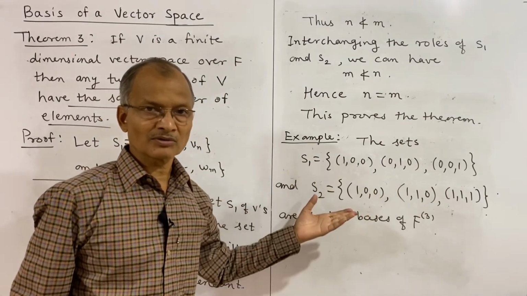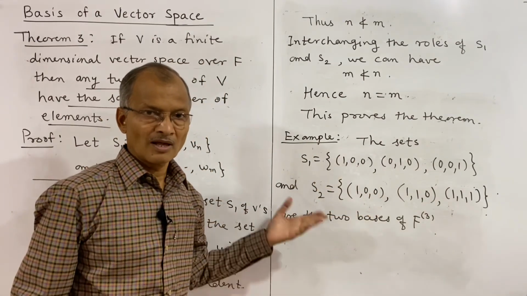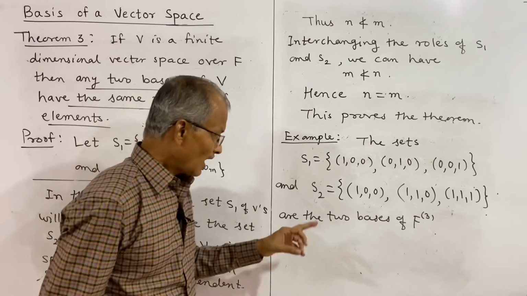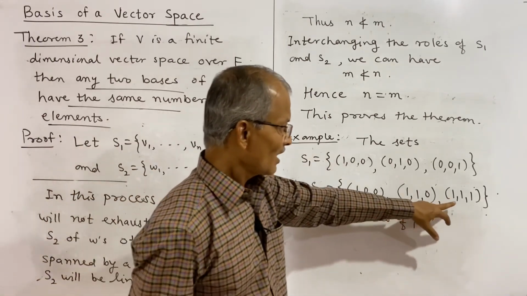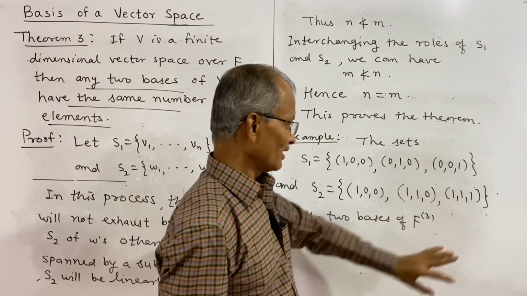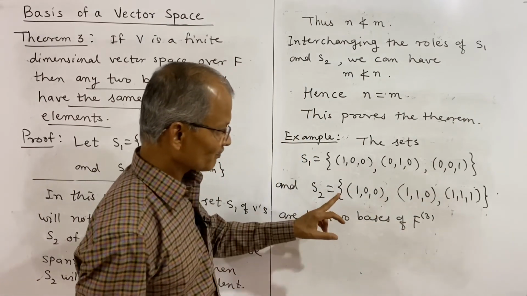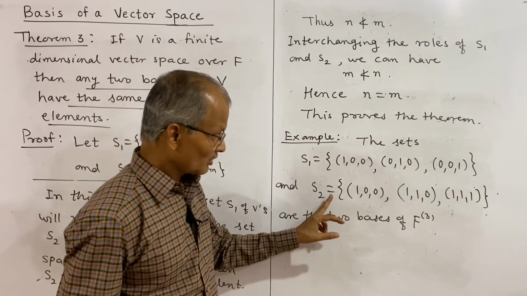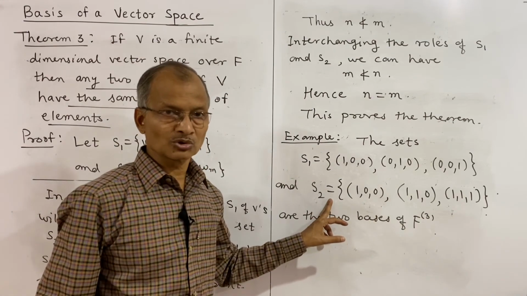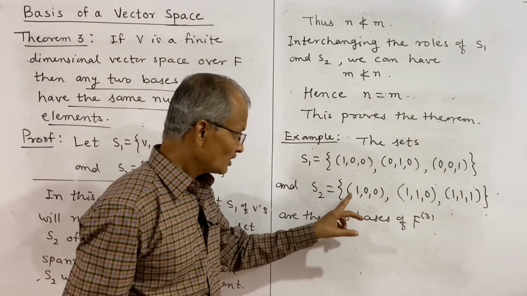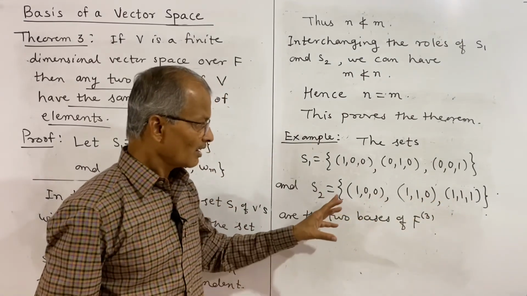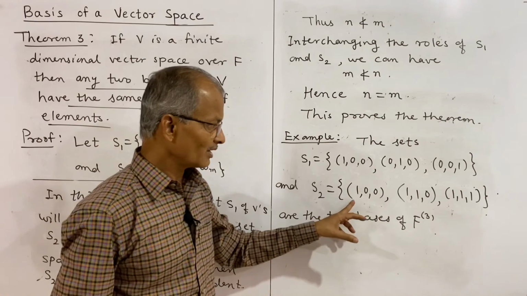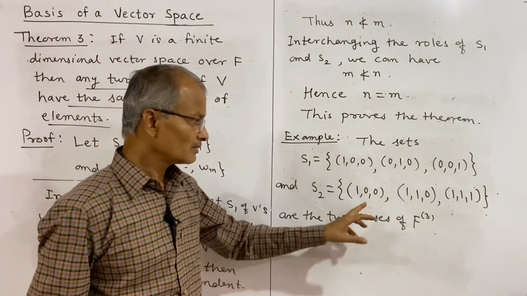This example we have seen earlier after the definition, that is e1, e2, etc. And this is S2, another basis: 1 0 0, 1 1 0 and 1 1 1. So this is also a basis. You may show this forms a basis. To show this forms a basis, show these are linearly independent, and second, any vector v1 v2 v3 can be written as a combination of these three vectors.